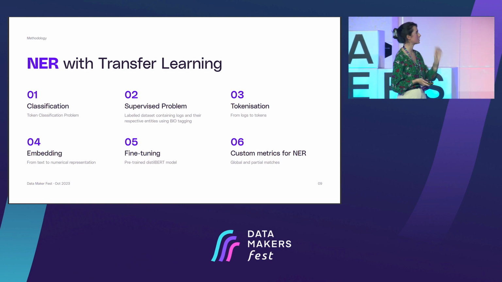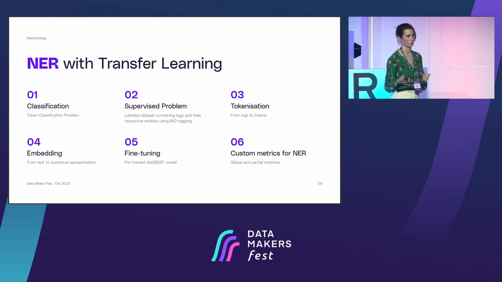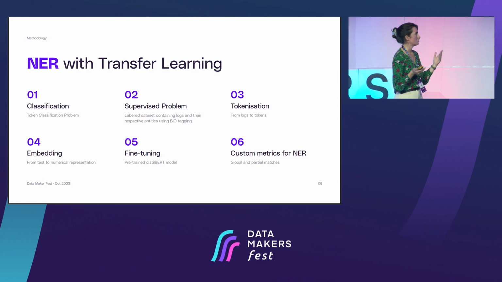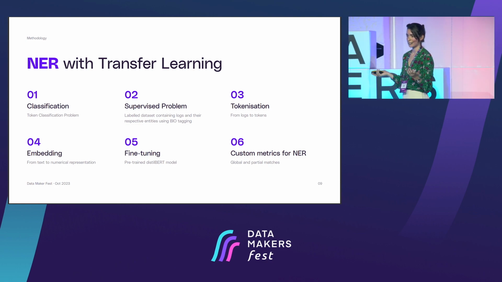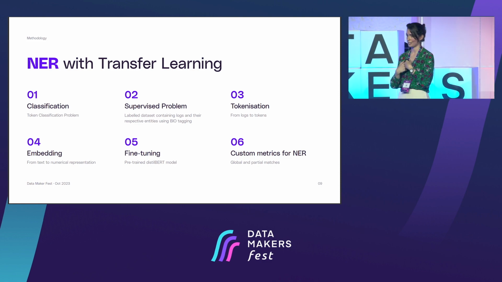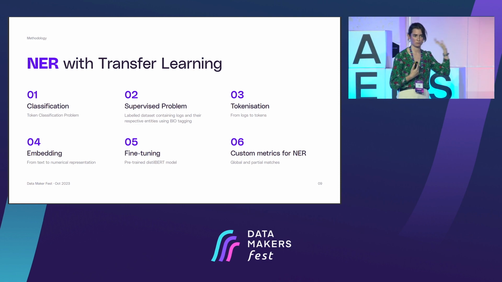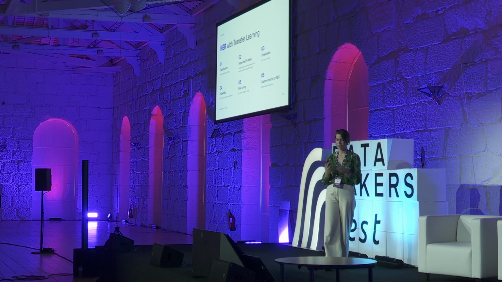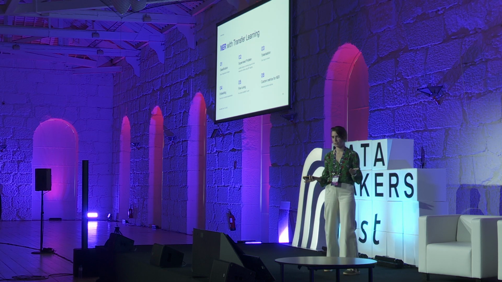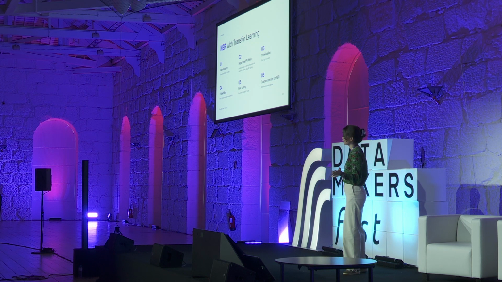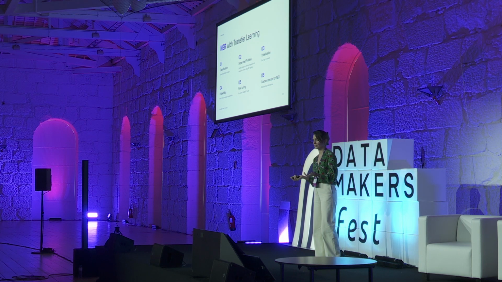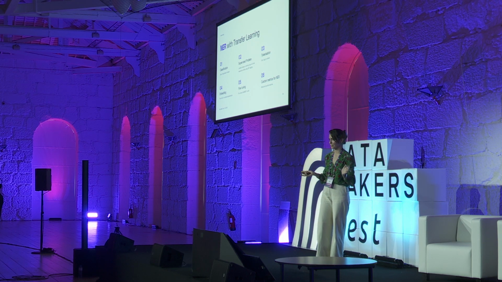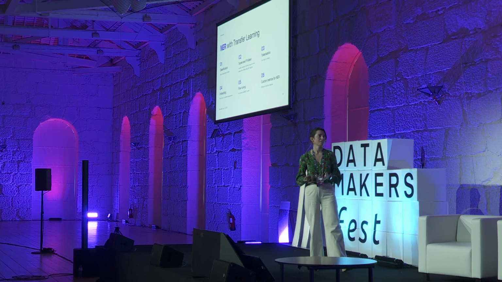Okay, more information on the model we developed. We know it's a token classification task. The classes are the entities we defined, those examples I just showed you. We know it's a supervised problem, right? It's actually a classification problem, and this is probably the first difficulty. We are going to need a labeled data set. Of course we do.